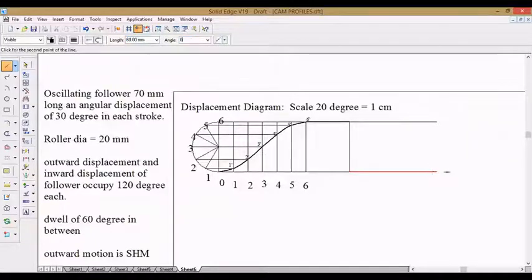Right. So join it. Join this, join this also. So we are dividing this into 6 equal parts.